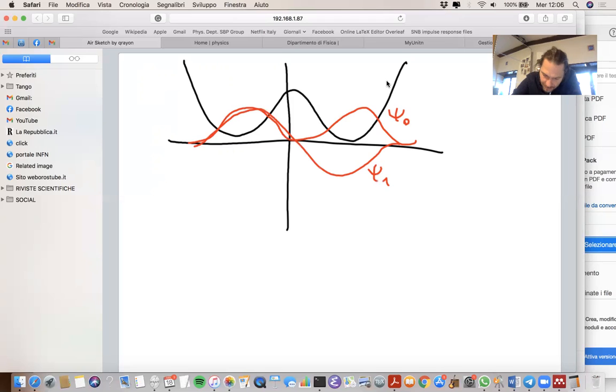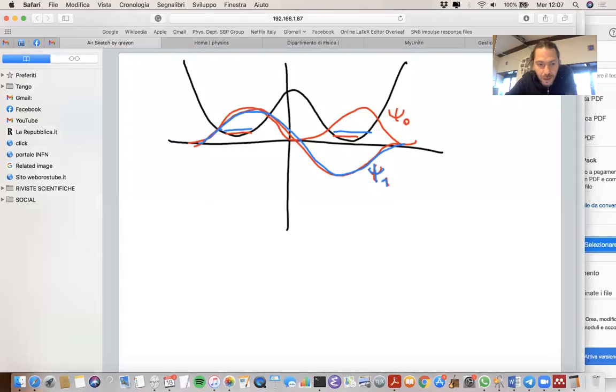And the idea is that the ground state and the first excited state on this energy scale should be very similar, because they differ only by a small amount. Is this actually true? Well, we can find out.